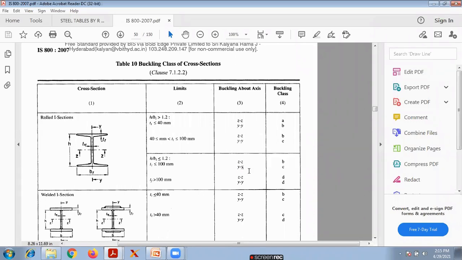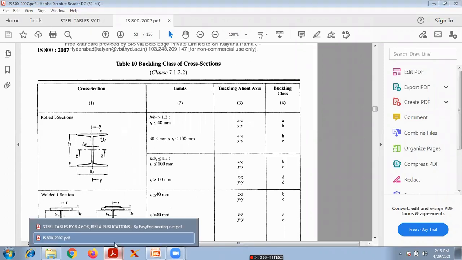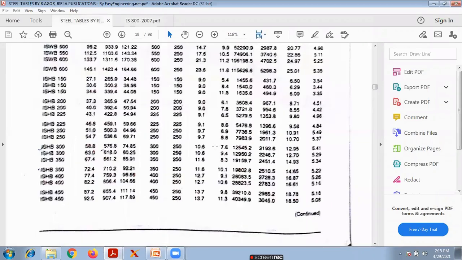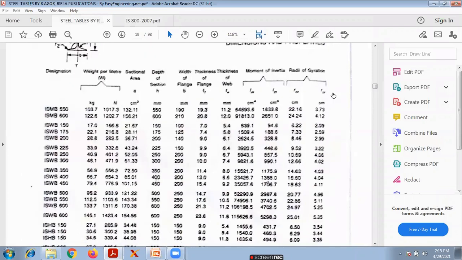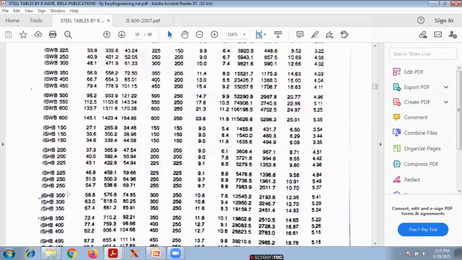Now from the table, what about the radius of gyration? You see, the radius of gyration is about 5.41 centimeter. See here you have to take rxx, ryy. ryy is the r minimum value. That's why the ISHB value is 5.41.